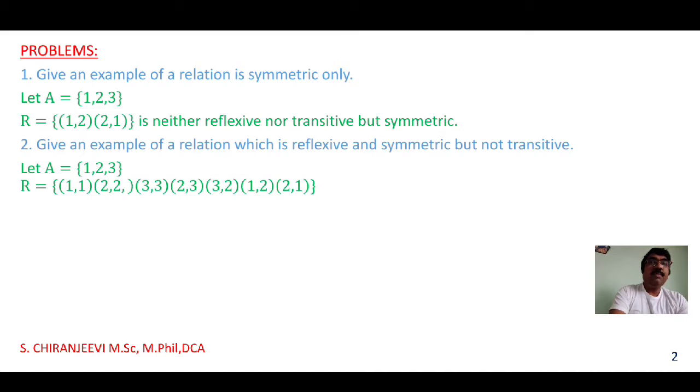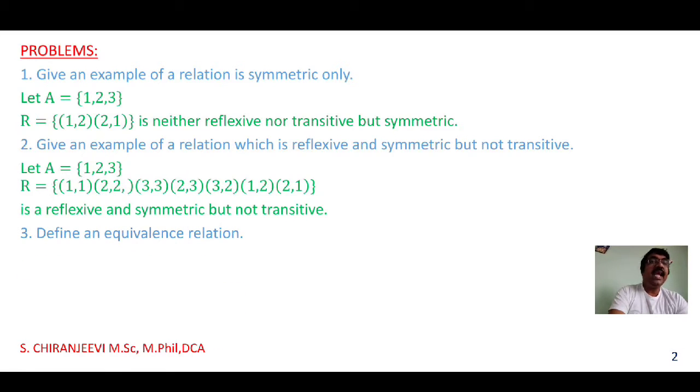So the relation will be {(1, 1), (2, 2), (3, 3), (2, 3), (3, 2), (1, 2), (2, 1)}. See here, it is reflexive because (1, 1), (2, 2), (3, 3) are there. Symmetric, because (1, 2) and (2, 1) are there. So it is reflexive and symmetric but not transitive.